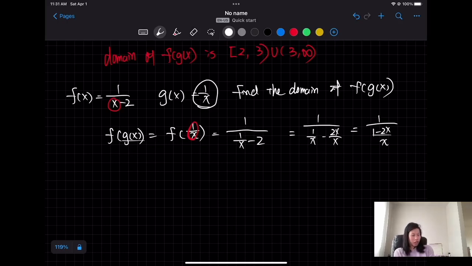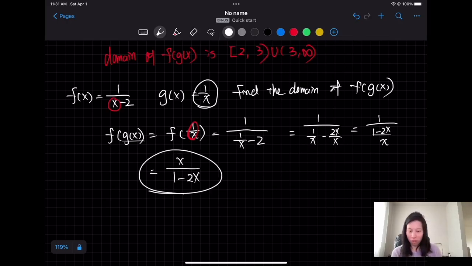You already did that in Math 99. How do you do this one? You flip the fraction, so this becomes x over 1 minus 2x. If you forget, please review how to do fraction operations in Math 99. All right, so now this is the simplified version.